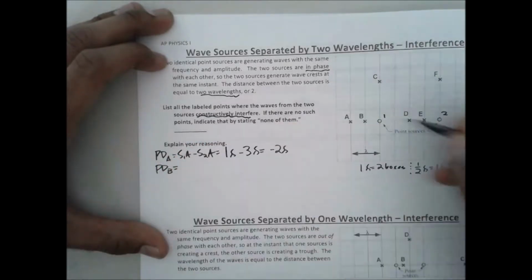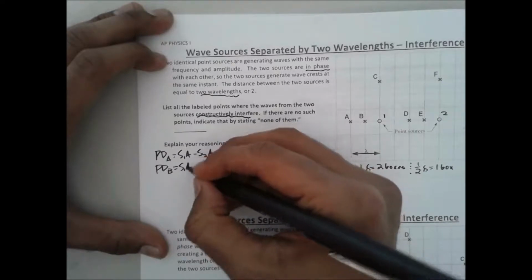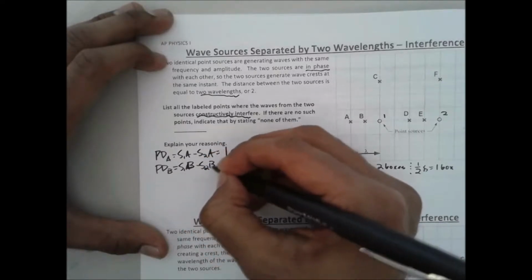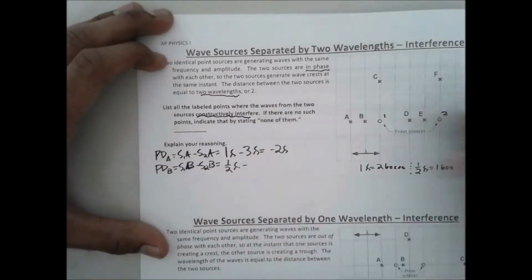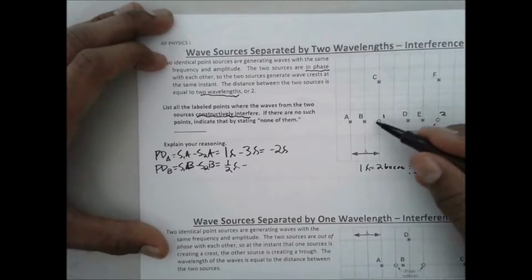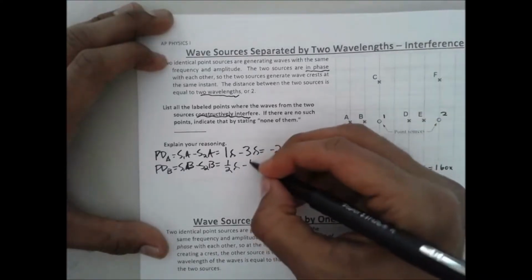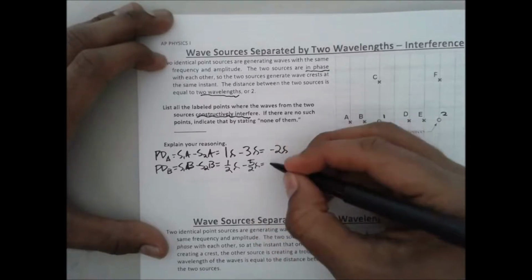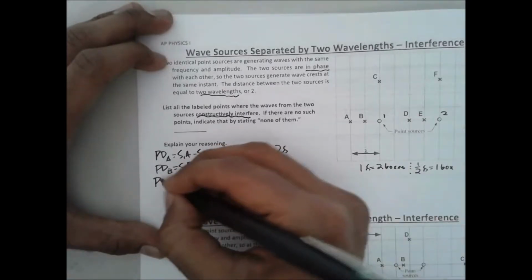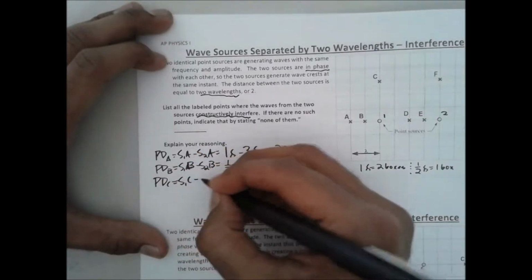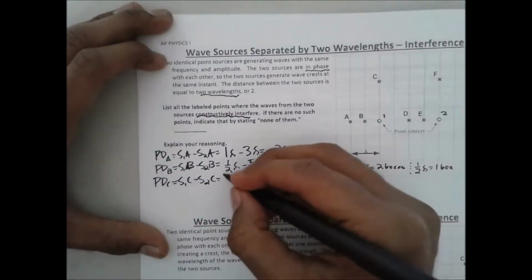For B, this is 1/2 wavelength, and then from source 2, that's 1, 2, 3, 4, 5 boxes. So that's negative 4 over 2, negative 2 lambda.